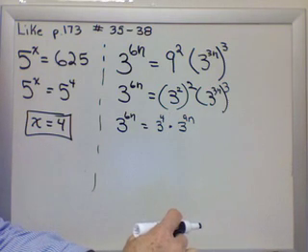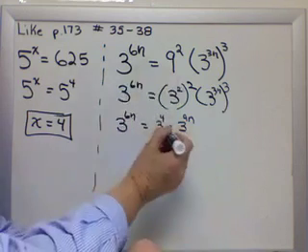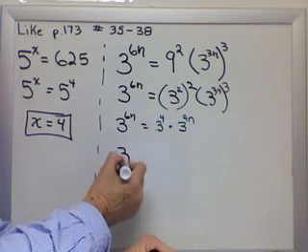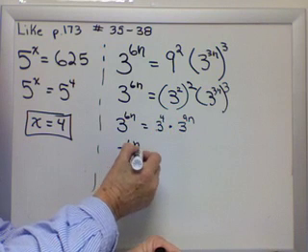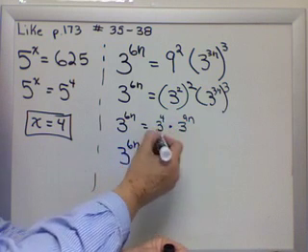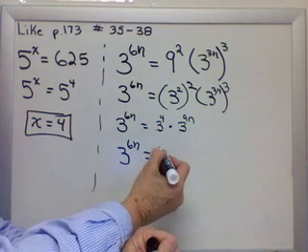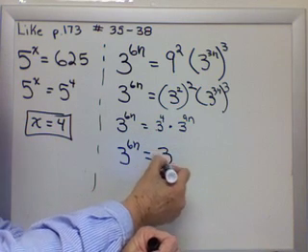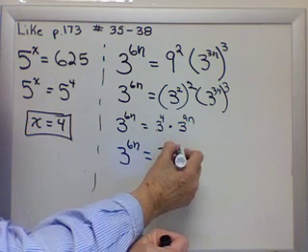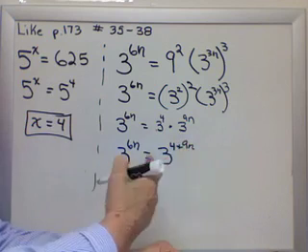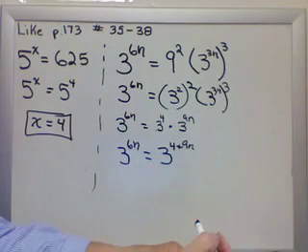All right, next, how do I combine these two parts? I'm going to keep this side 3 to the 6n, but what am I going to do here with these two? The bases are the same, so what do I do with the exponents? I add them, so now I have 3 to the 4 plus 9n. I really can't add that, but I show that I want to add it.